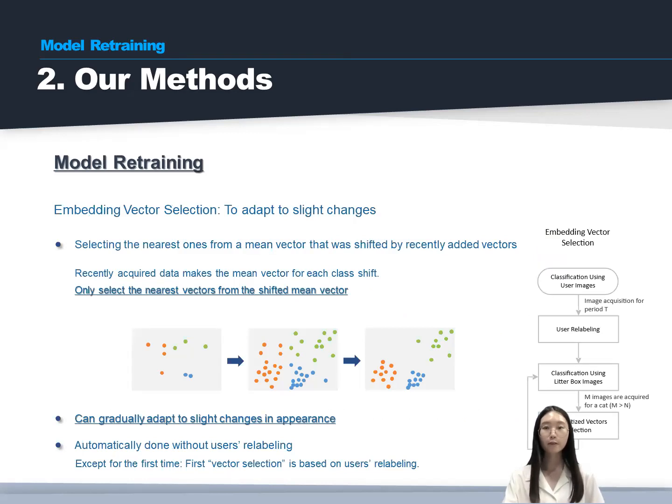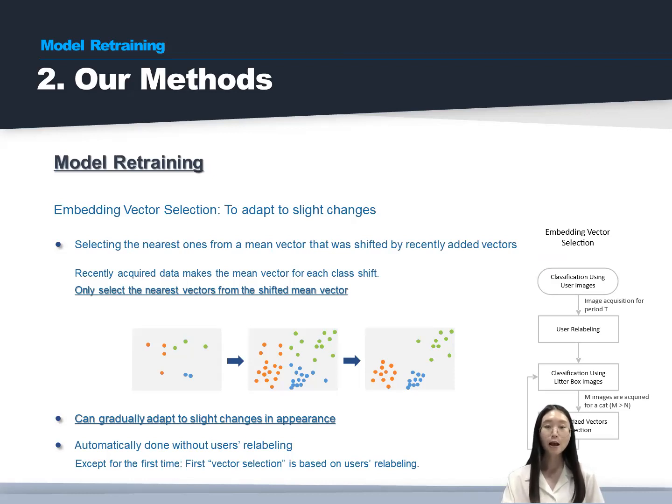Whenever a certain number of litter box acquired images for a cat are collected, a mean vector is calculated from both the existing embedding vectors and the vectors of the new images. And then the mean vector is shifted by the new embedding vectors of the images. Then only the embedding vectors closest to the mean vector are selected, and the remaining vectors are discarded.